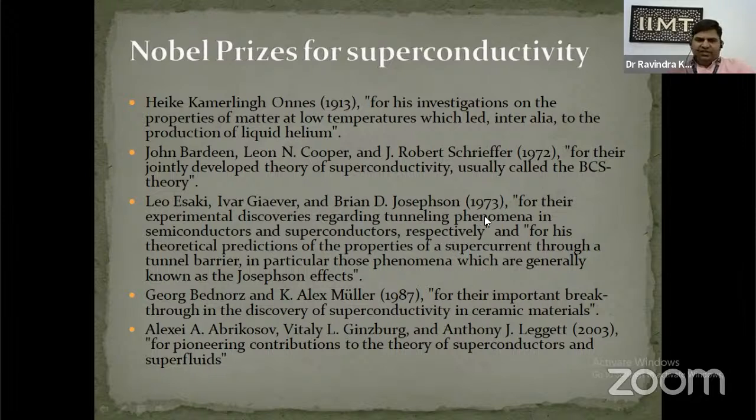After that, in 1973, Josephson, Giaever, and Esaki got the Nobel Prize. In 1987, Bednorz and Muller got the Nobel Prize, and in 2003, Ginzburg and Abrikosov got the Nobel Prize. So five times people got the Nobel Prize in the case of superconductivity.